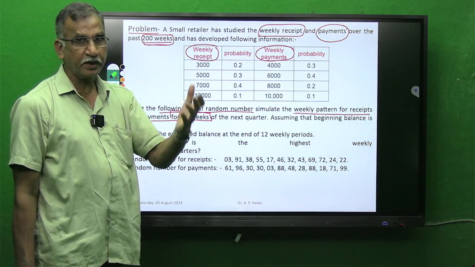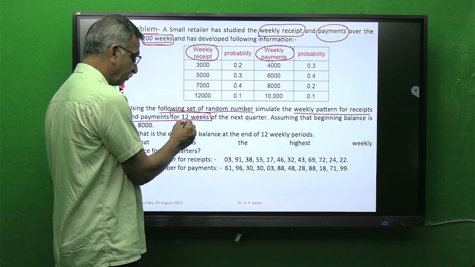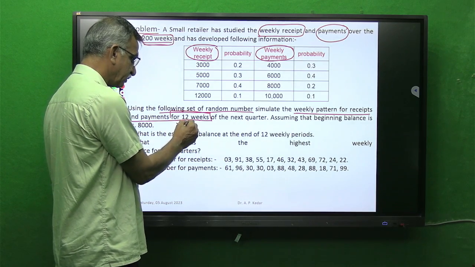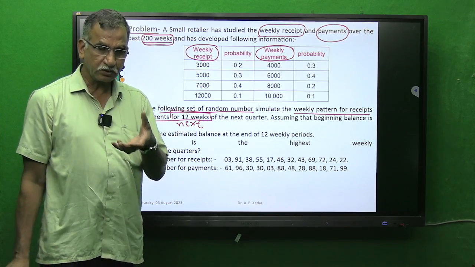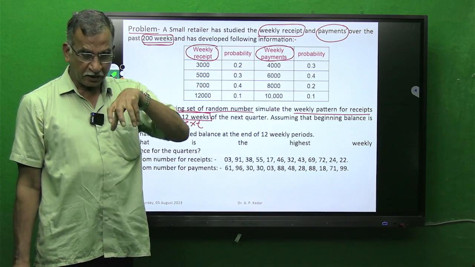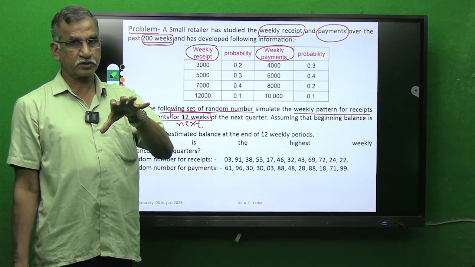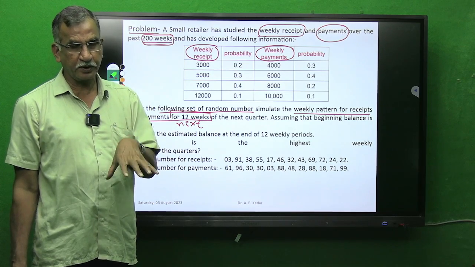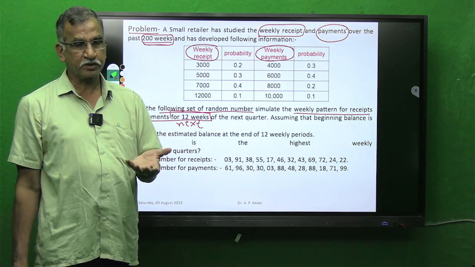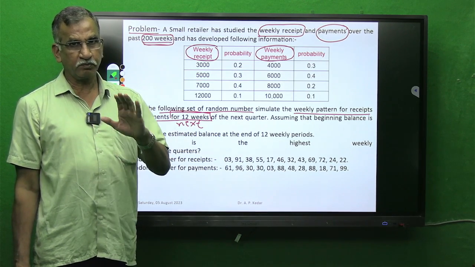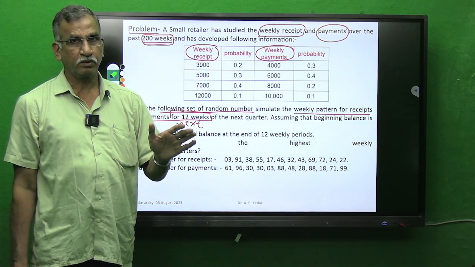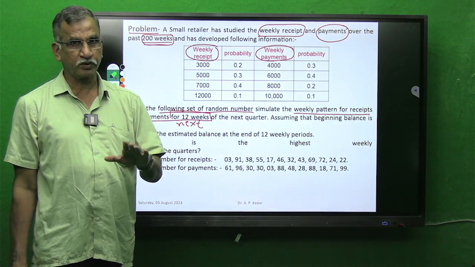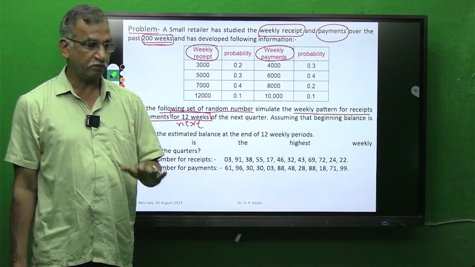You have to simulate the data for the next 12 weeks starting from 0th point. Means starting at 0th period will be our opening balance whatever is given in the problem, and then we have to simulate the data for the next coming 12 weeks, that is week 1, week 2, week 3 up to week 12.